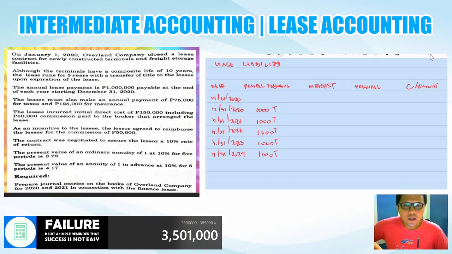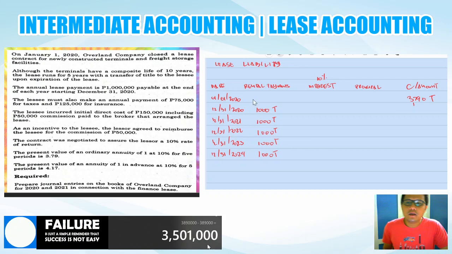Now, the carrying amount on January 1, 2020, was 3,790,000 because there were no other factors that affected the lease liability. So for the interest, again, we'll use the implicit rate, which is in this particular case 10%.